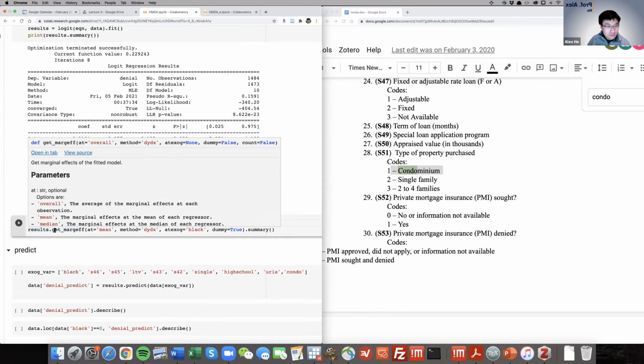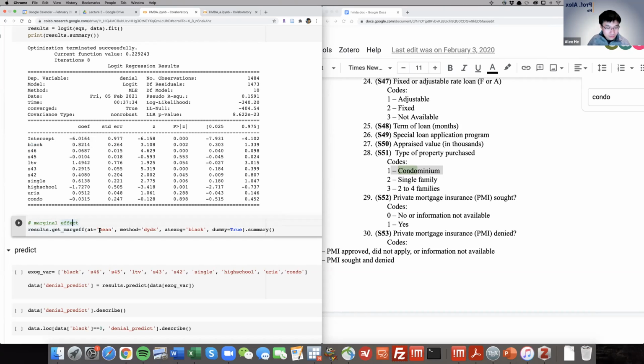There are several arguments. The first argument is at which point you calculate the marginal effect, because we have discussed the marginal effect depends not only on beta, but also on the value of x, because it's the derivative and it's a function of x. So if it equals mean, that's to say we want to evaluate the marginal effect at the average x.